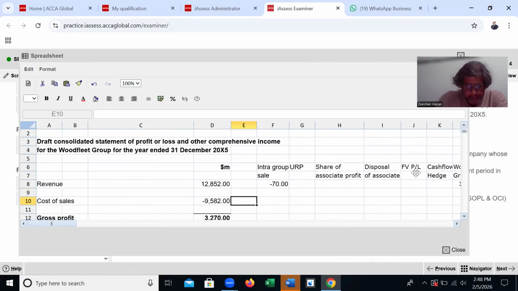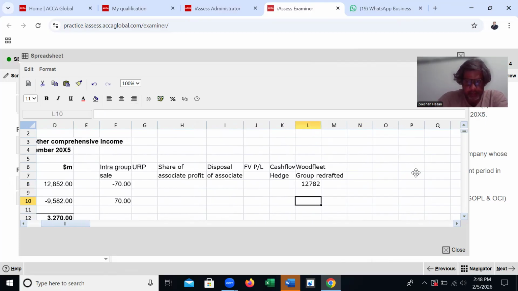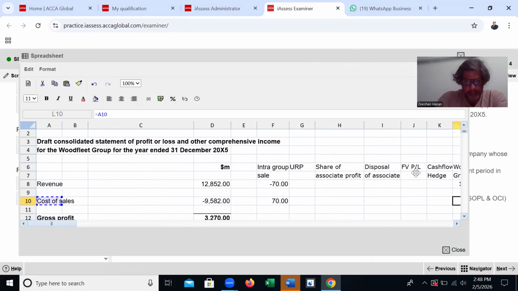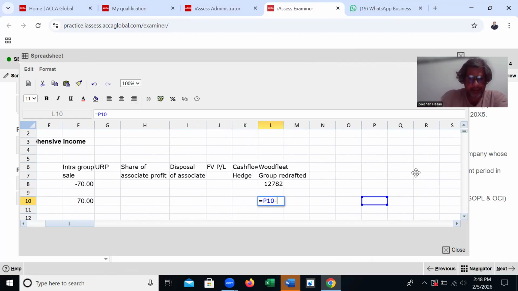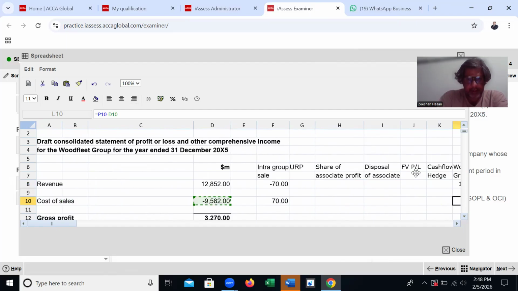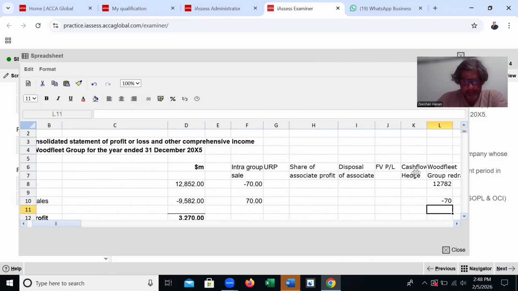Then cost of sales 70. So is equal to this and minus this.